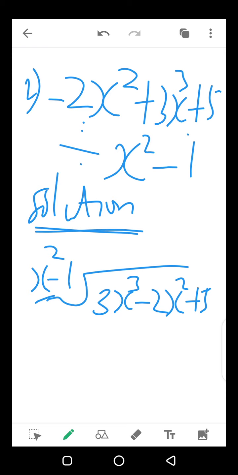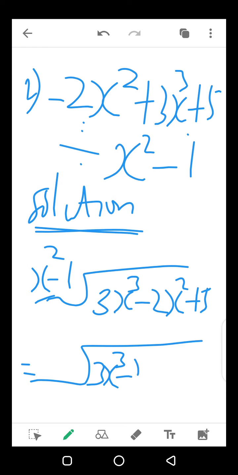So it will eventually become 3x raised to power 3 minus 2x raised to power 2 plus 0x plus 5 divided by x raised to power 2 minus 1. So this is now the complete terms for the dividend.